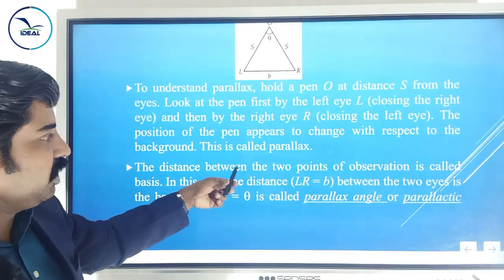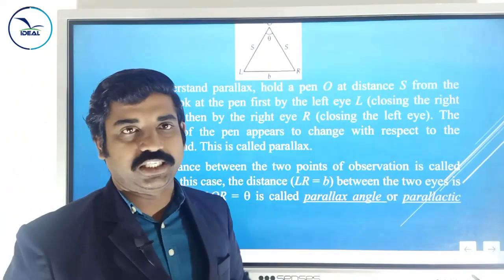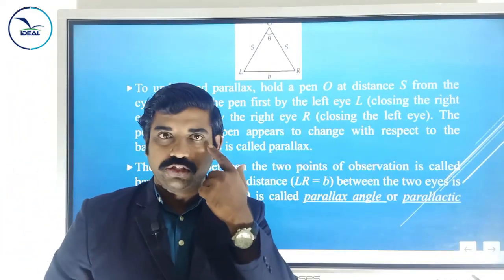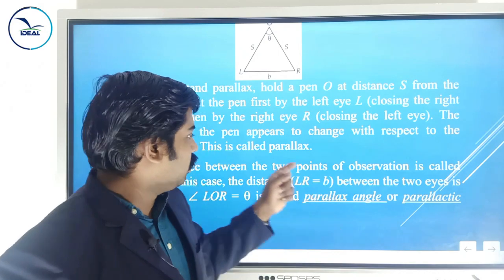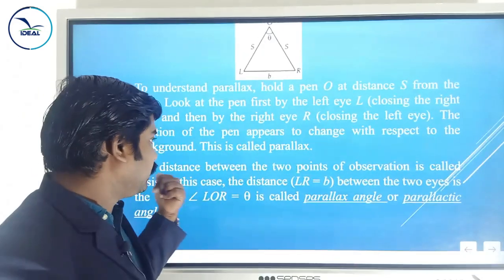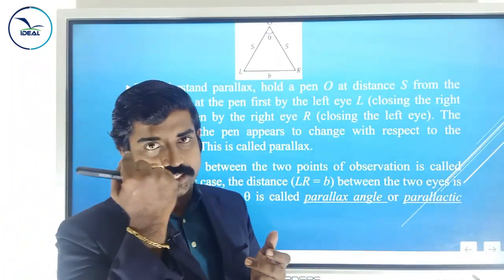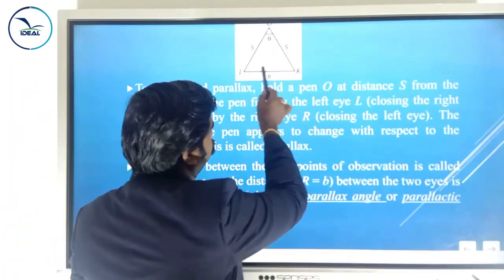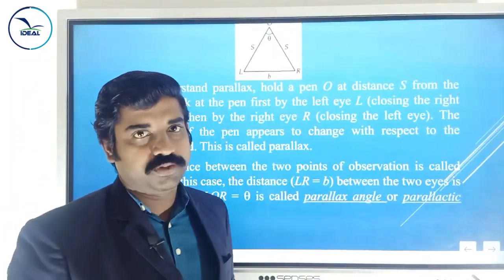The distance between the two points of observation, this left to right distance, is called the base.